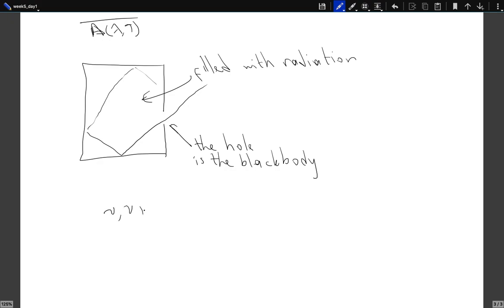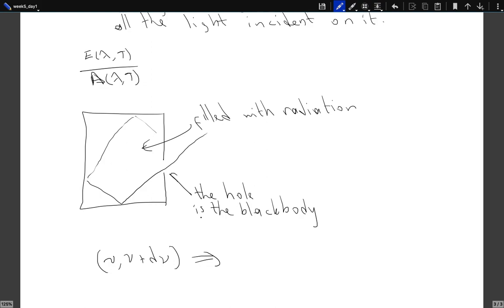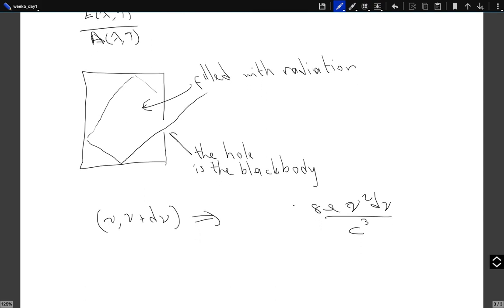So if you specify such a frequency range, just like the oscillating modes on a string, the electromagnetic radiation in the cavity will have various modes, and the number of modes within this frequency range will be given by 8 pi nu squared d nu over c cubed times V. Well, d cubed k is the wave vector.